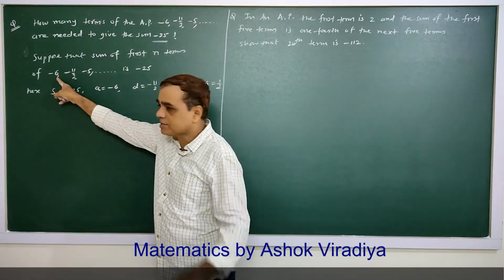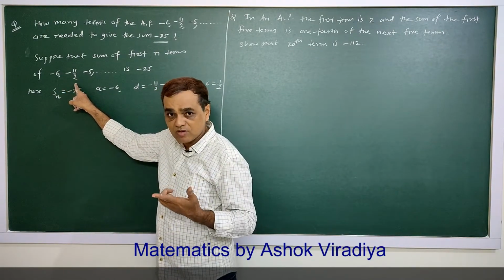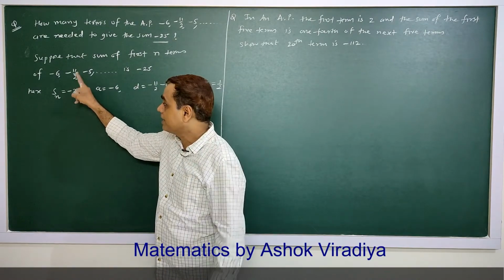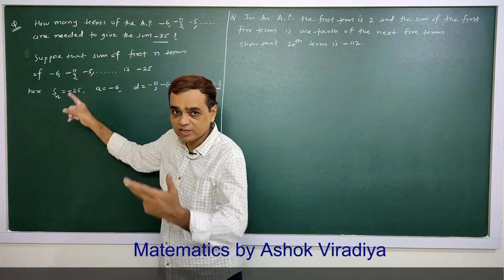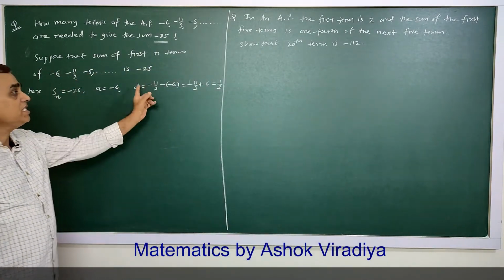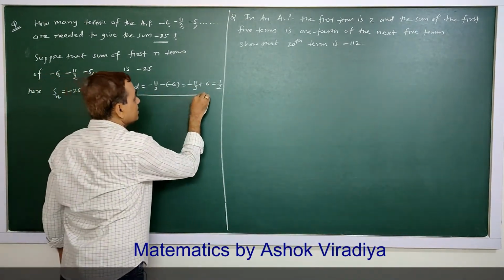That's why the common difference is constant. D, 1 by 2, is constant. So this is d.